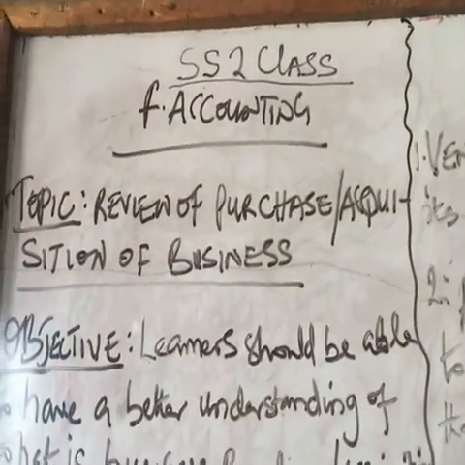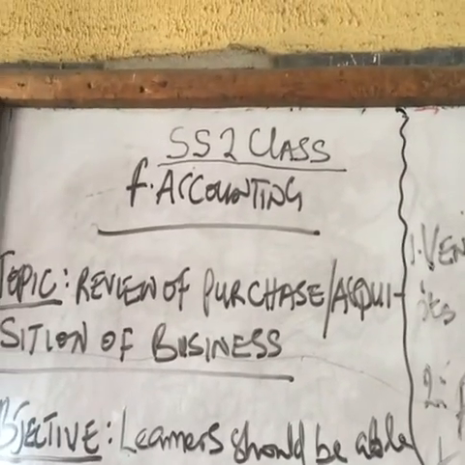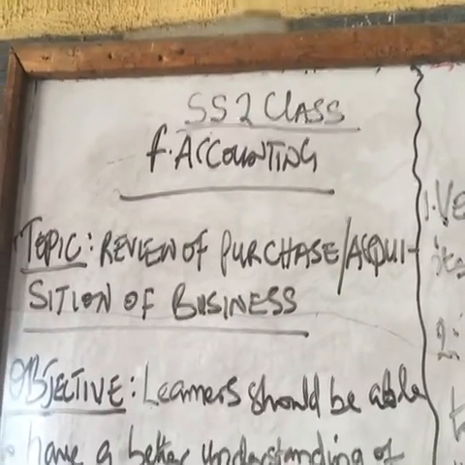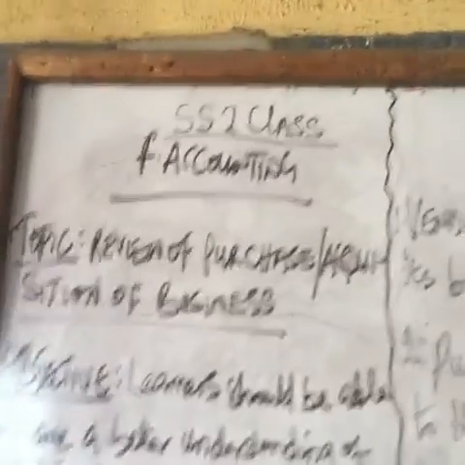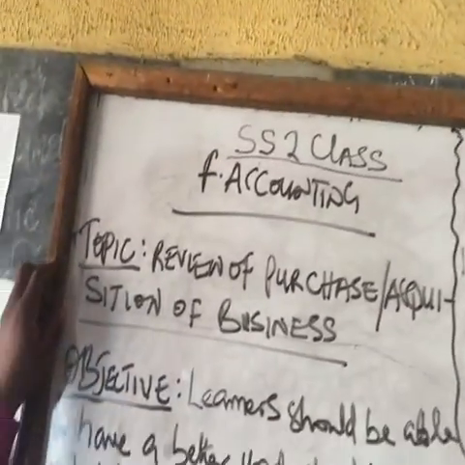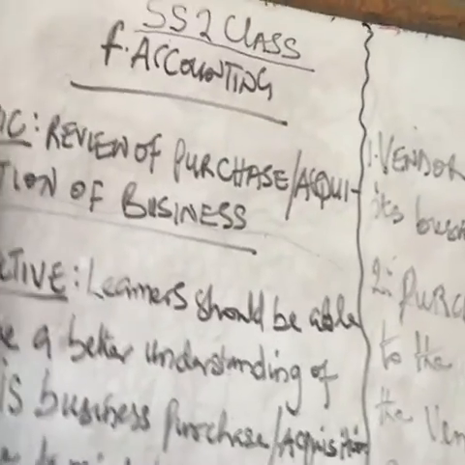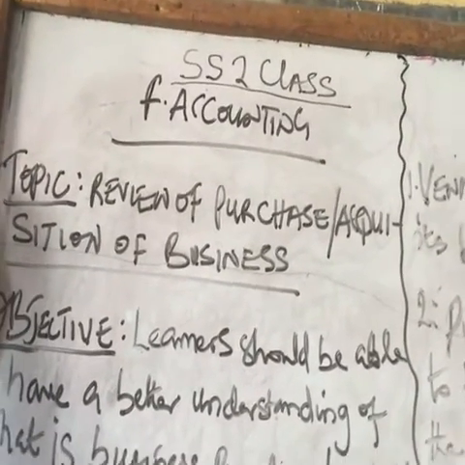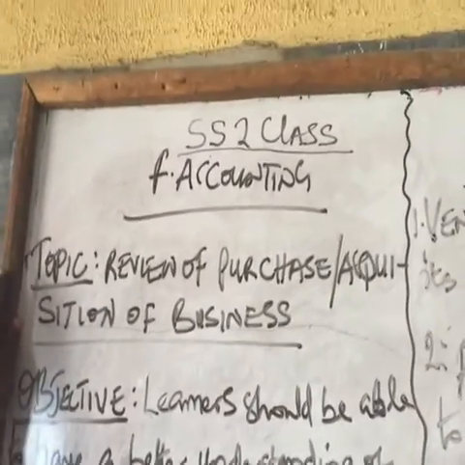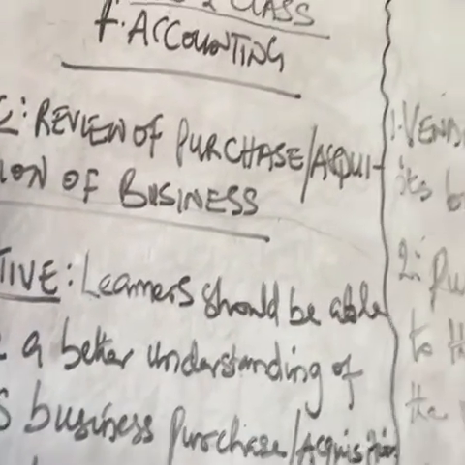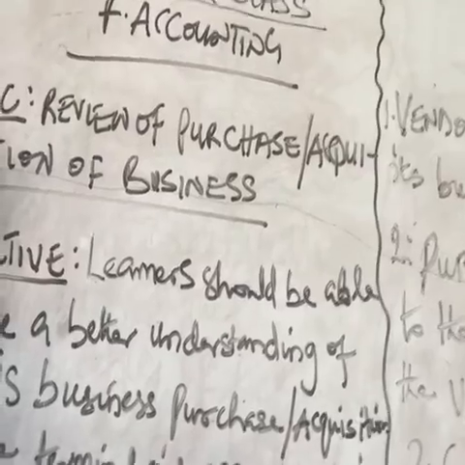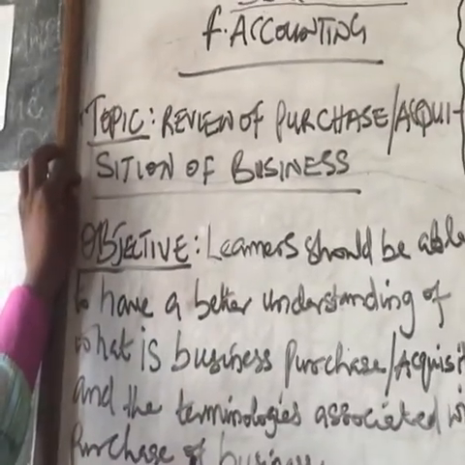This is the class for SS2 accounting, and our topic for today is review of purchase/acquisition of business. Acquisition of business. A review of it is what we are doing today.